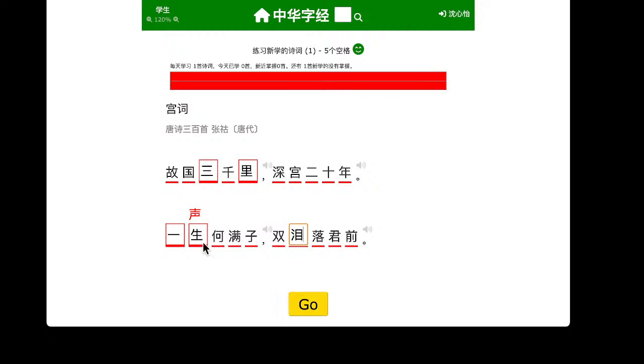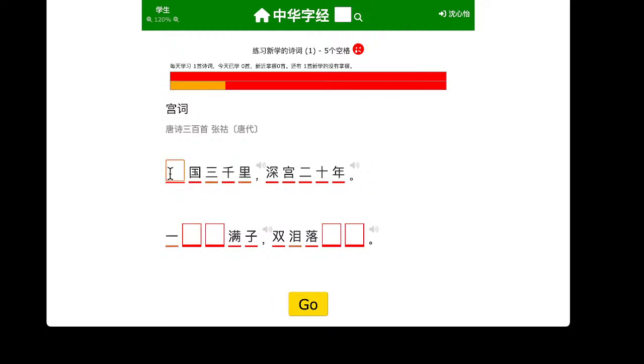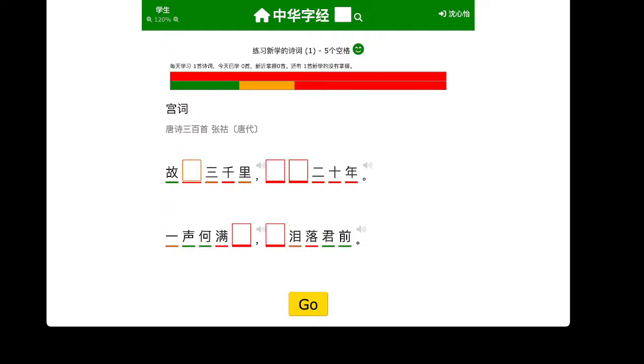Yeah. 故国一生, this one. Dad, explain it to me. What? I didn't read the description properly because I'm lazy.